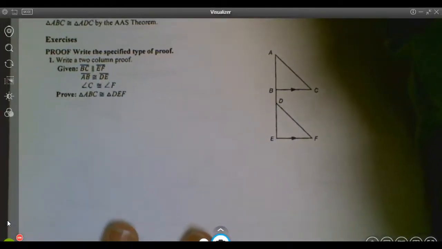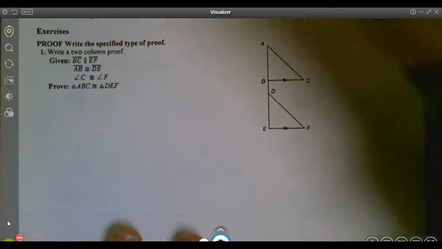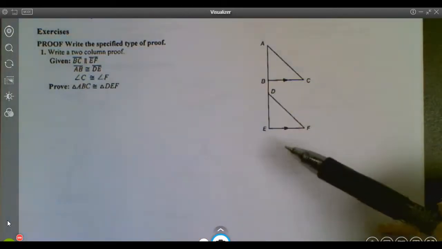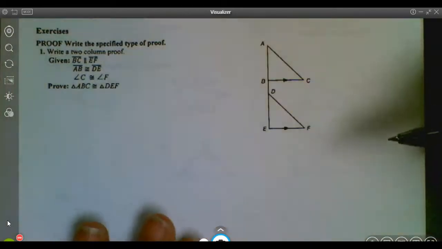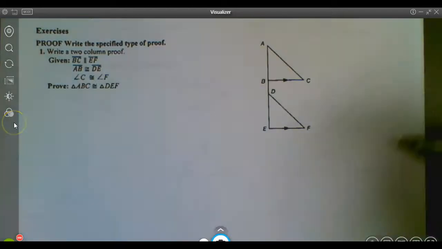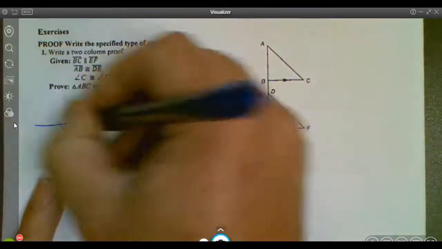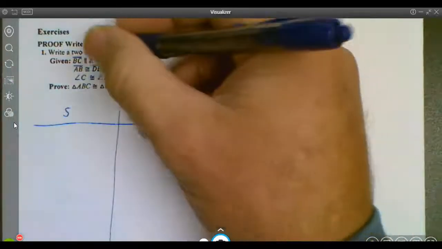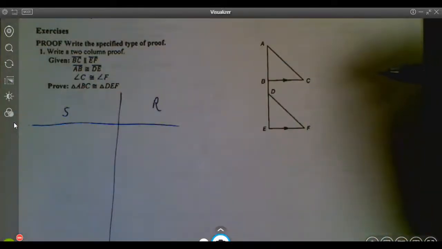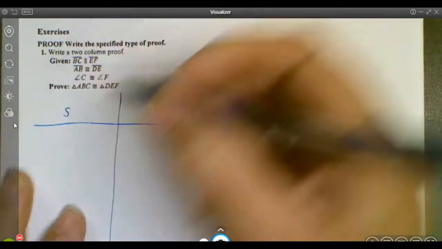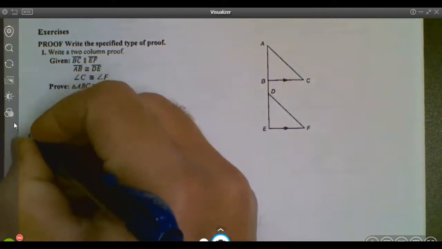Again, guys, taking your own notes, just go ahead and write this one out. Write down the information. Make sure you draw the diagram. That's all so important in doing these proofs. So let's just start with our given information. So we've got parallel lines. Hopefully that really stands out to you at this point. BC is parallel to EF.